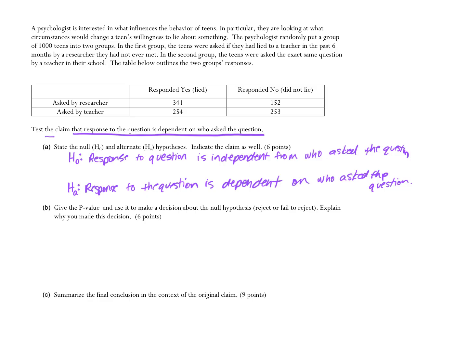Okay, from here, to get the test statistic and p-value, you're going to hit stat, arrow over to test.